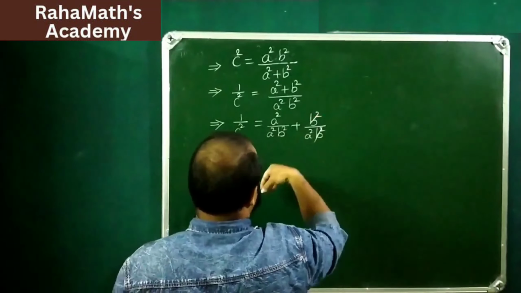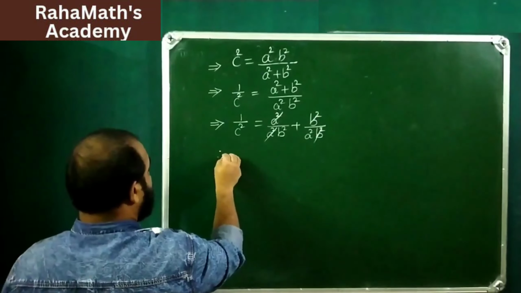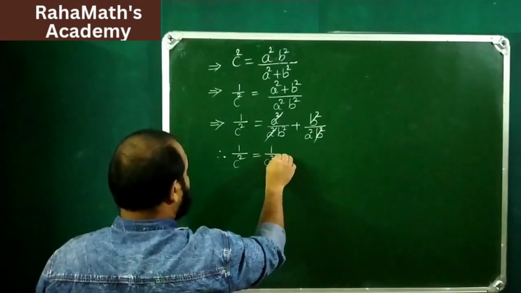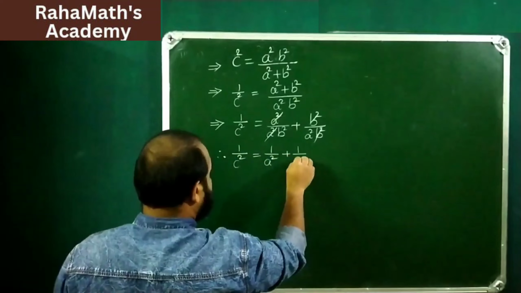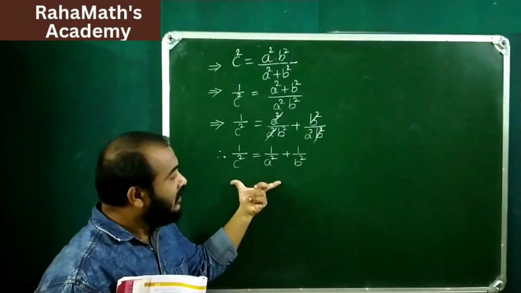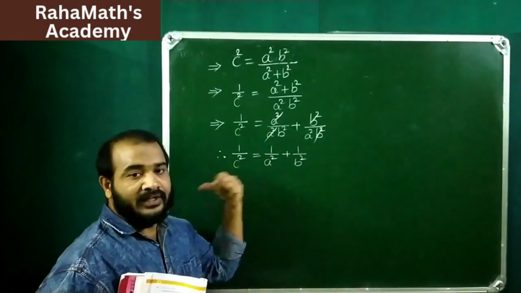So b squared gets cancelled, a squared gets cancelled. Therefore, the required condition is 1 by c squared equals 1 by a squared plus 1 by b squared. This is the condition that the chord becomes the tangent.